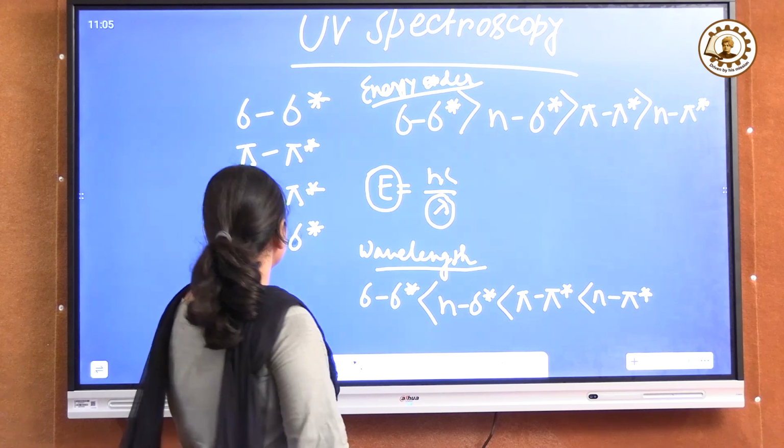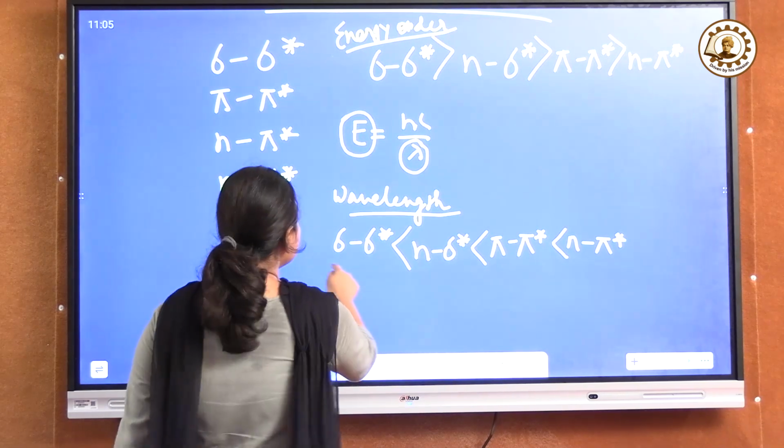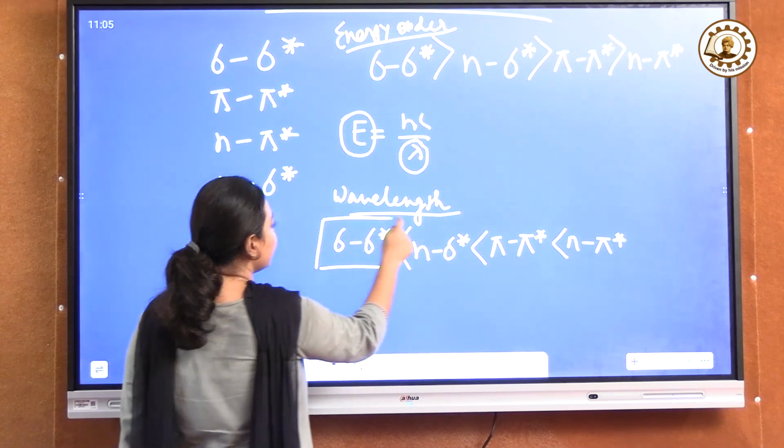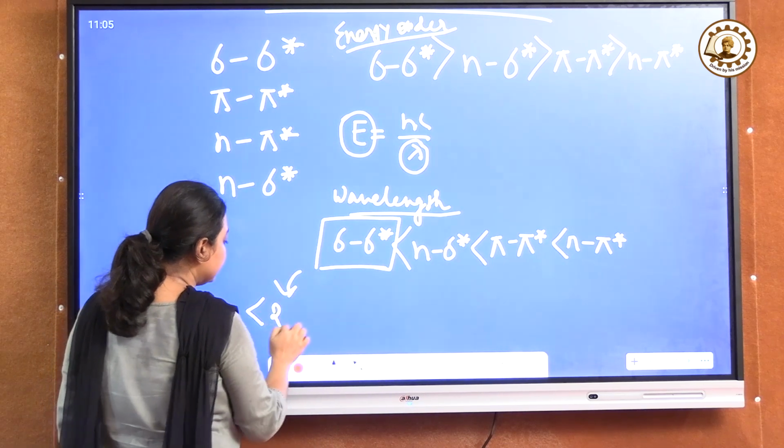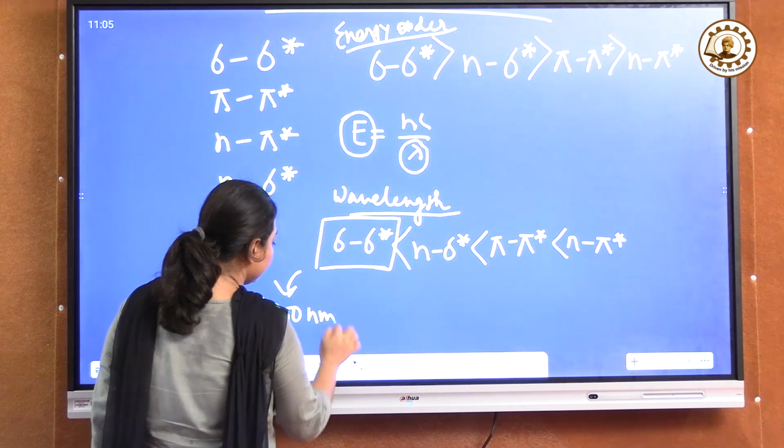Okay. Now, the sigma sigma star corresponding wavelength comes in the region of less than 200 nanometer.